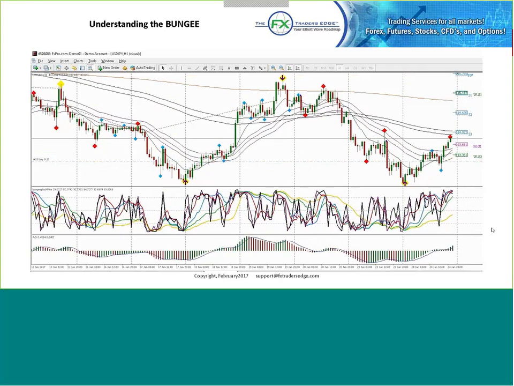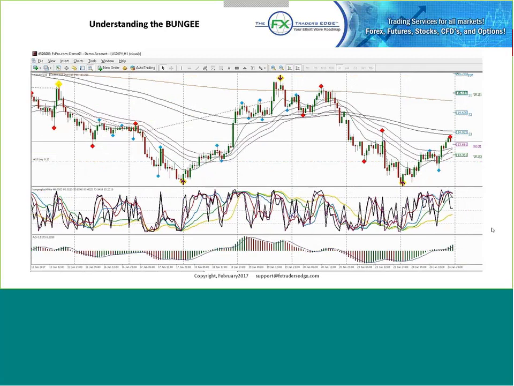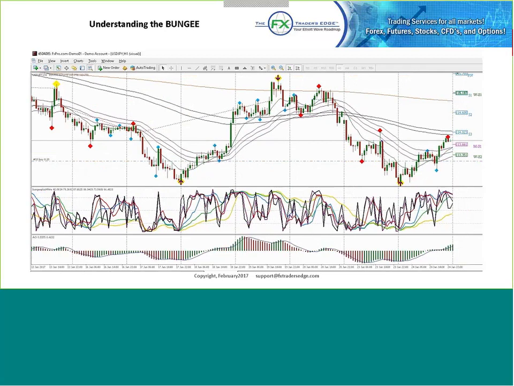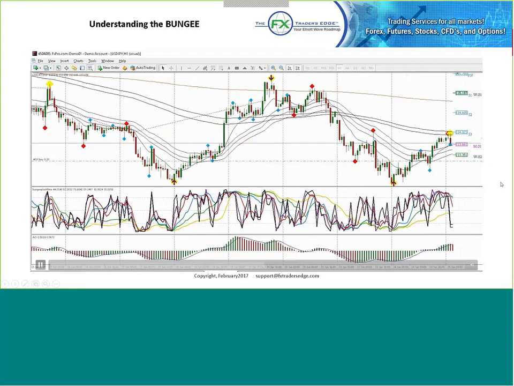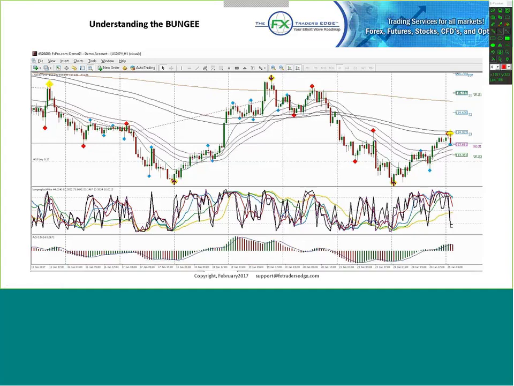There you go. So there we've used the black bungee to help us see a breakout tree that looked good initially, but actually was in danger of failing. Now, they don't all fail. Sometimes they come back into the wave and then they take off properly.